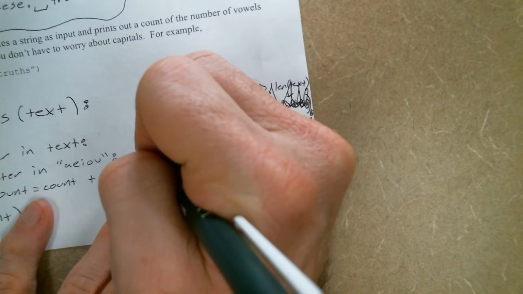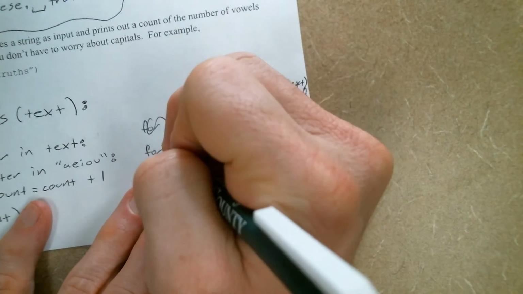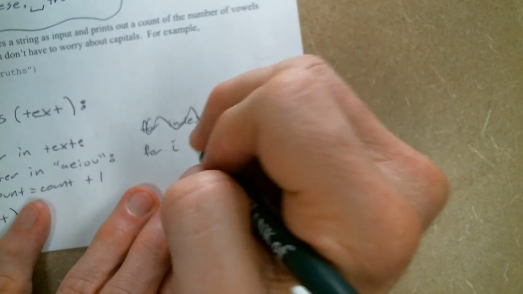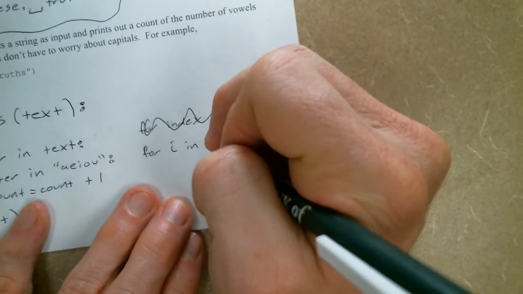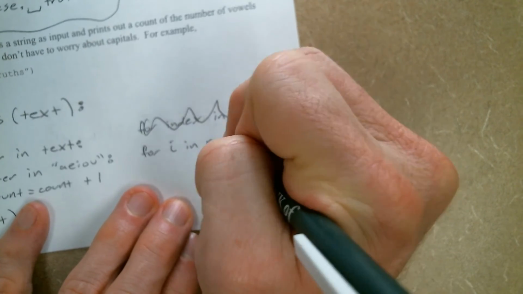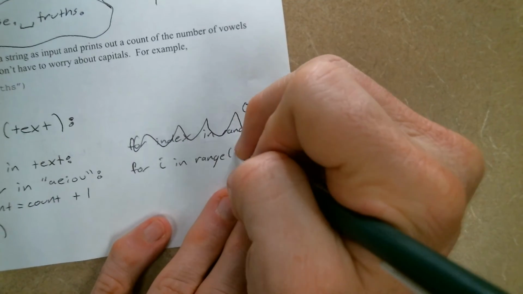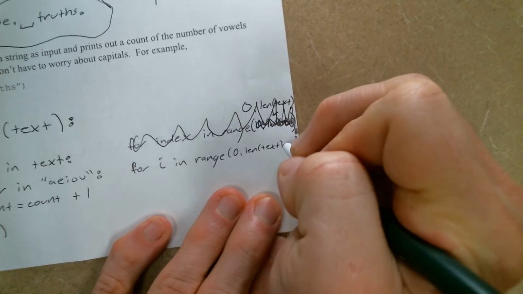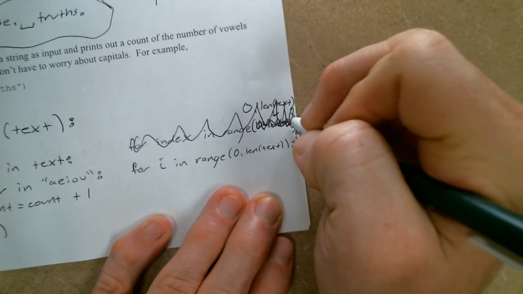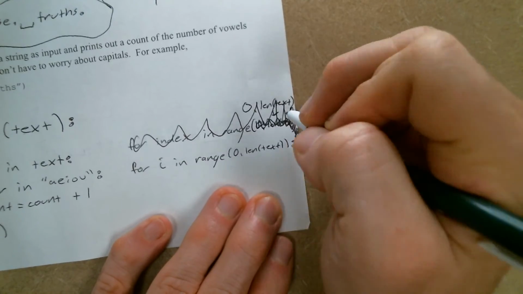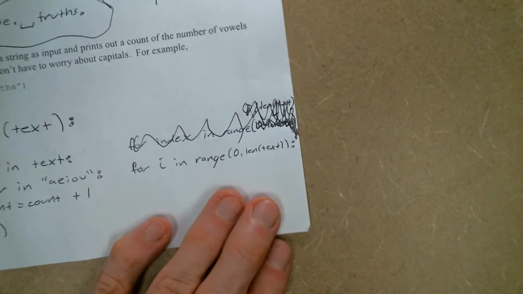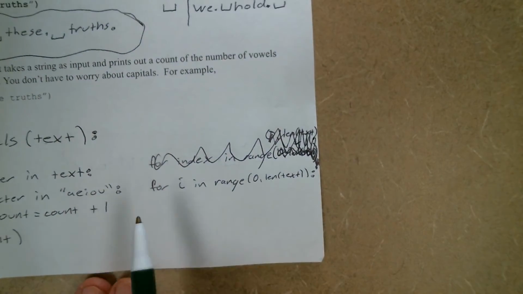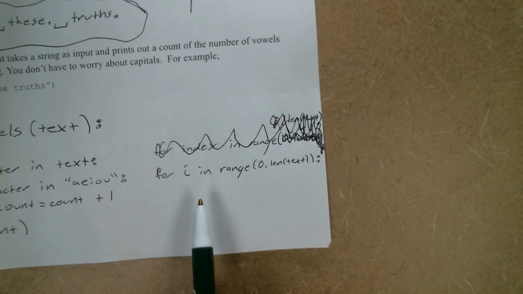I'm going to use i instead of index to save room. For i in range 0, comma, length of text. Then I've got my colon. So that would be my loop. Now, i is no longer the actual characters. i is now a number.